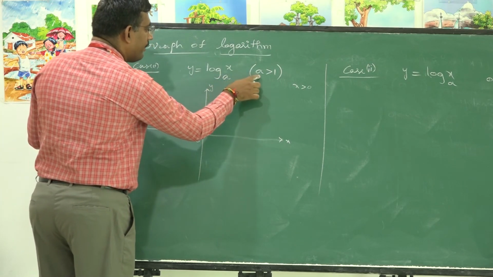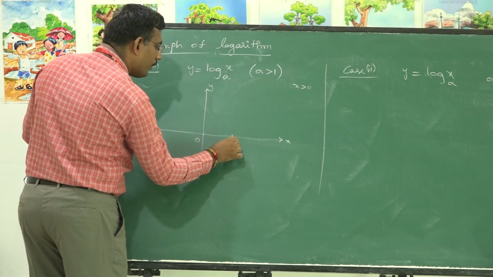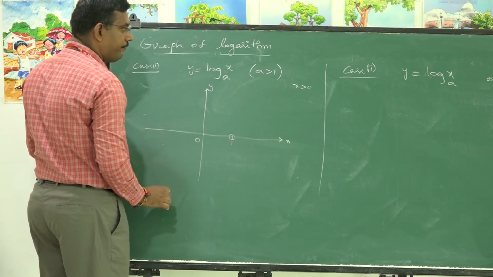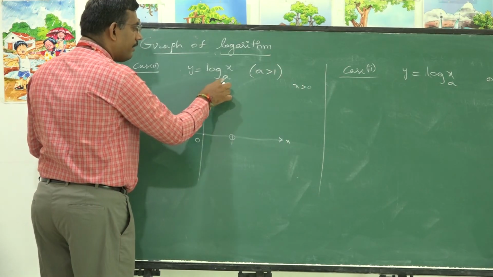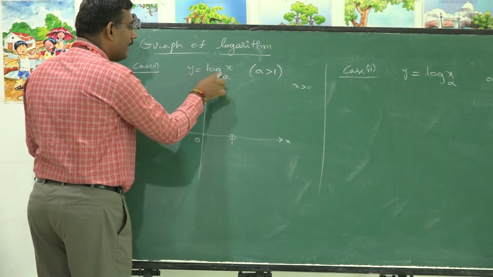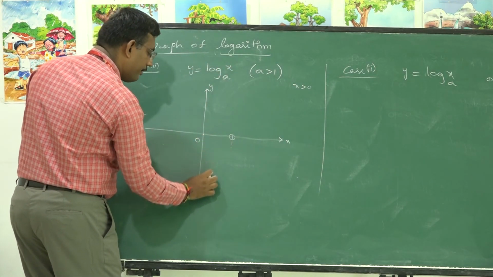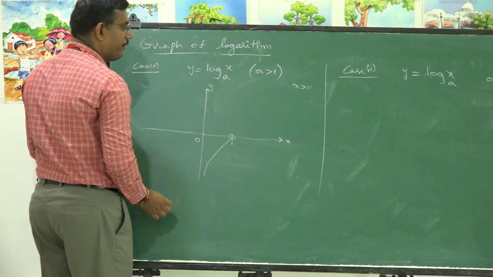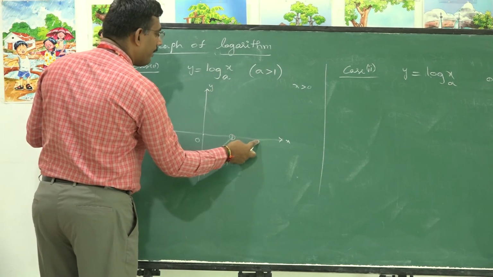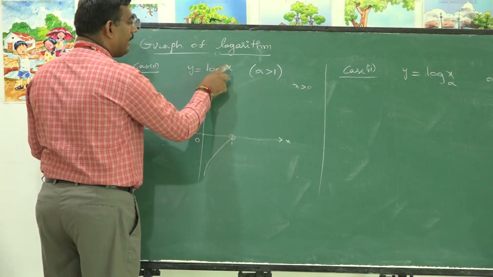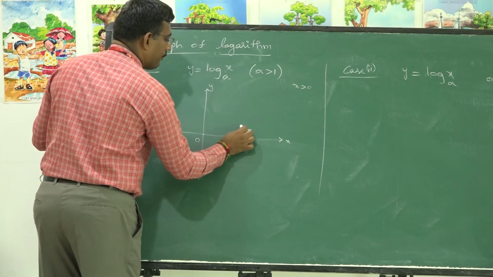If the base is greater than 1 and x is equal to 1, the logarithm value is 0. Here a is greater than 1 and x is less than 1, the logarithm value is negative. Therefore, if x is greater than 1 and the base is greater than 1, the logarithm value is positive.